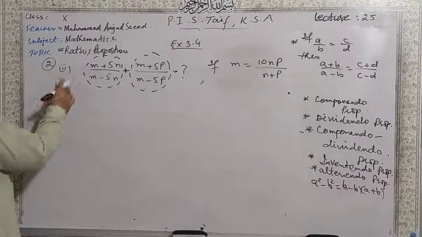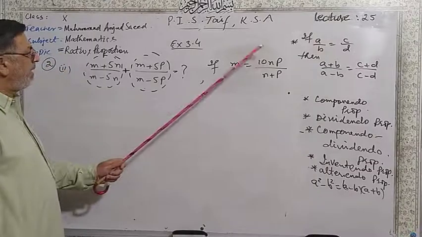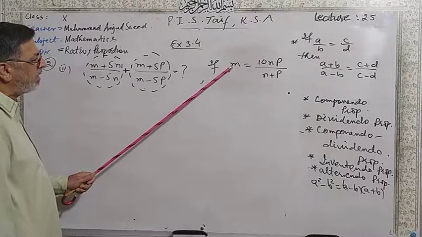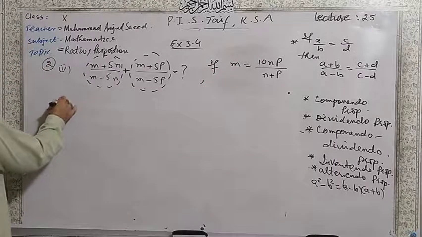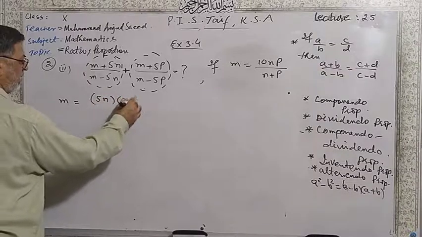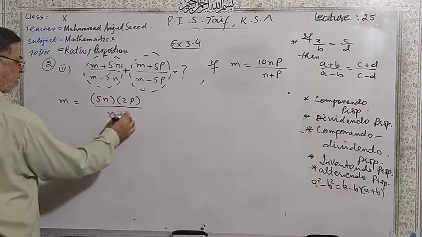I am bringing 5n from the right hand side to the denominator. Now you can write m over 5n is equal to 10np over 5n times (n plus p), which is 2p over n plus p.